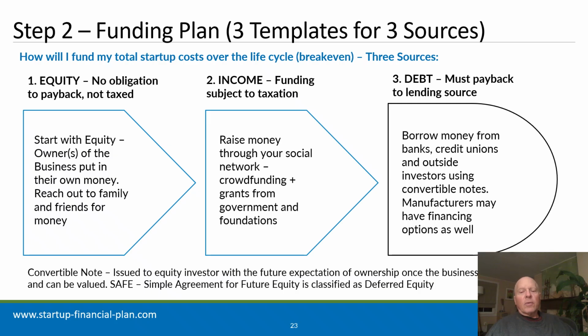And then the third option to raise money is debt, liabilities. But we don't usually like to go out and borrow money until we really have a first customer. Get the first customer first. It makes it easier to secure debt financing, which comes usually from banks, credit unions. Maybe you have outside equity investors you can bring in.